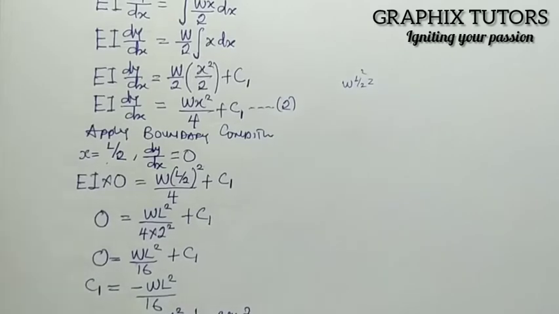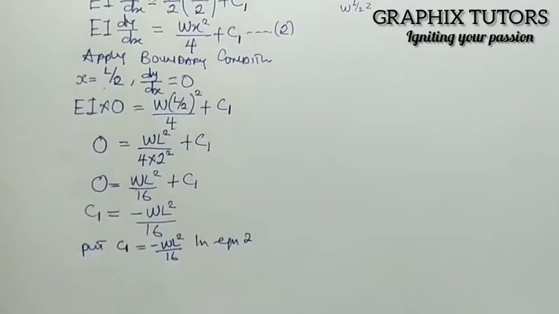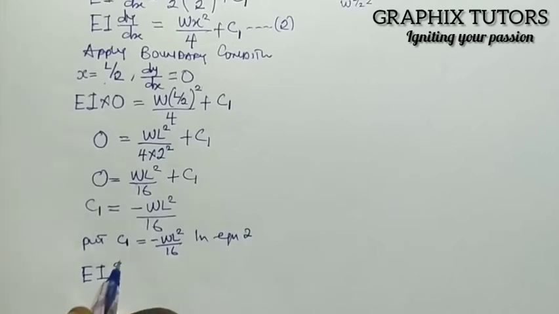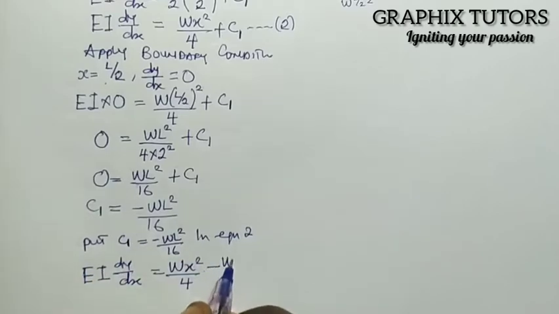So put C1 equals negative WL squared over 16 in equation 2. We now have EI dy over dx equals Wx squared over 4 minus WL squared over 16.